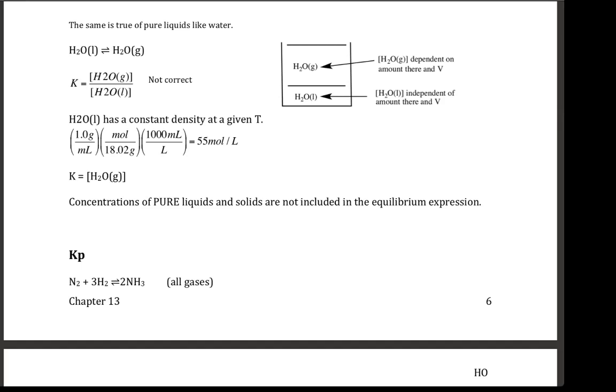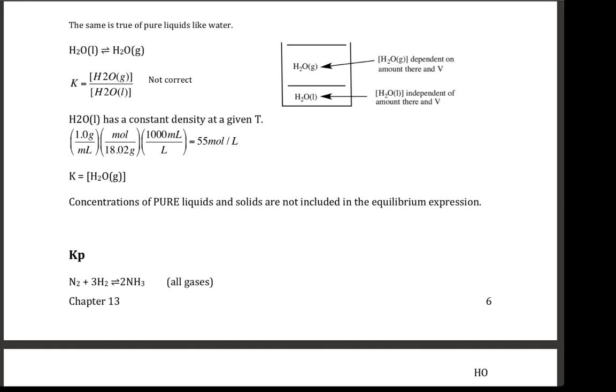So let's consider this example with water. H2O liquid in equilibrium with H2O gas. The equilibrium expression, we might think, would be the H2O gas divided by the H2O liquid concentration.